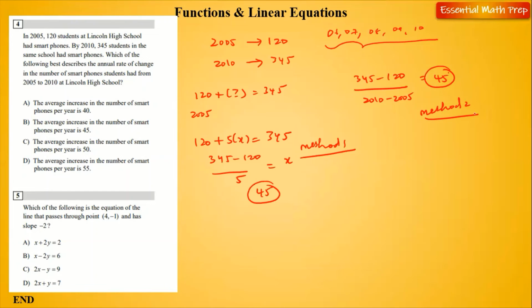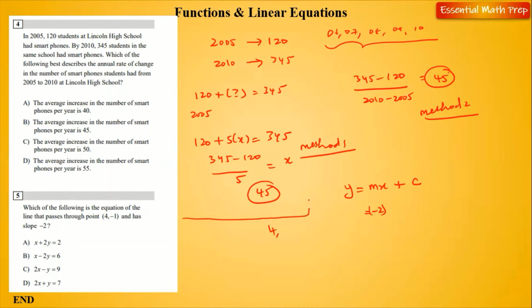Which of the following is the equation of the line that passes through the point 4, -1, and has a slope of -2? So all you have to do is write the slope intercept form, which is y equals mx plus c, right? So we know our slope is -2, right? And our x is 4.